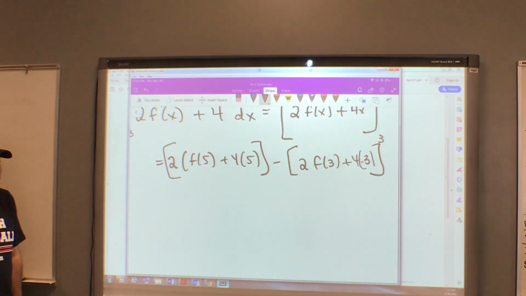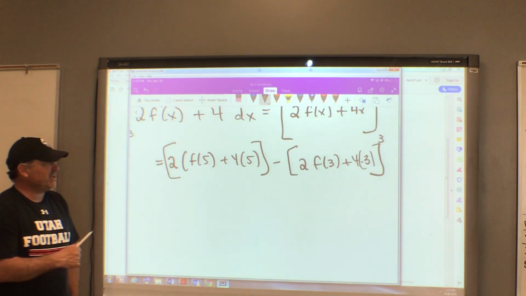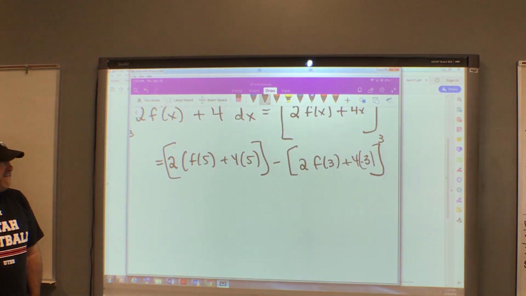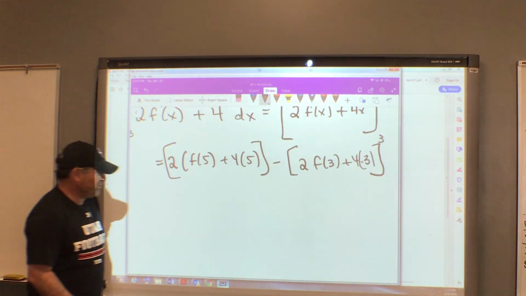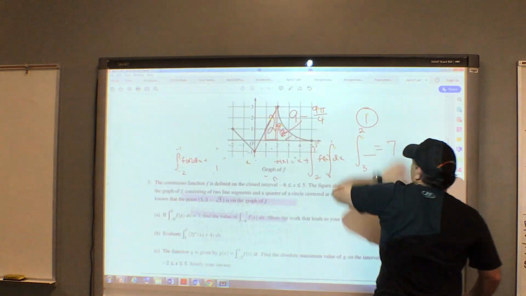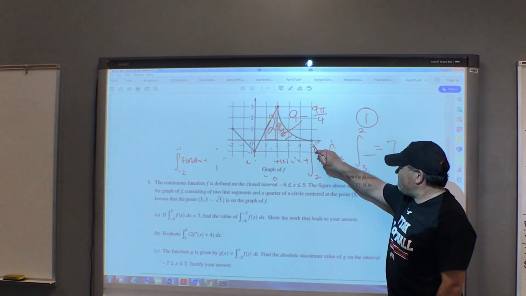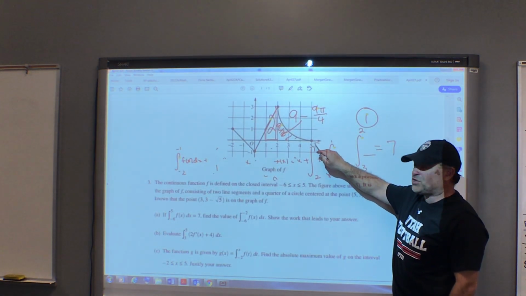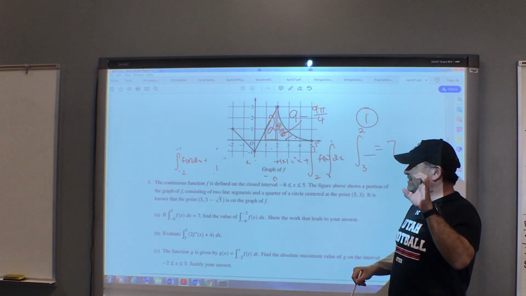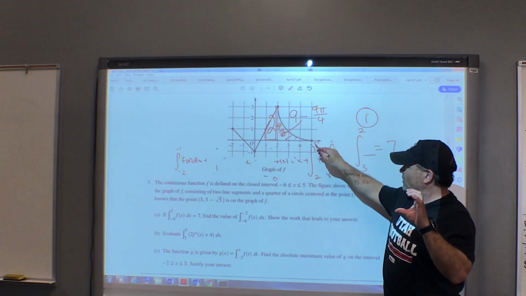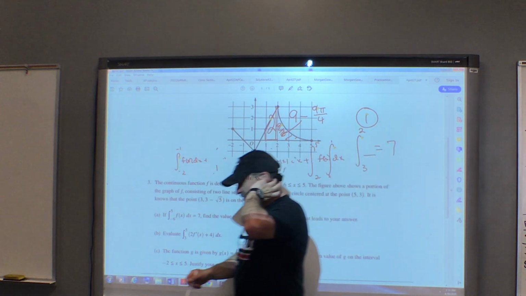And really all you need to do to finish this problem is plug in f of 5 and f of 3. So if we decide what is f of 5, well, the value of the function at 5 is 0. All right, so we're going to plug that 0 in there.